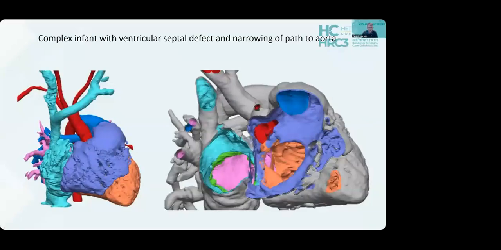In this particular patient, there was a large membranous VSD with a coronal ventricular extension. This included some narrowing of the path to the aorta, and this represented a challenge to decide exactly how to both go about shaping the VSD patch as well as removing some of that obstructing tissue below the aortic valve.